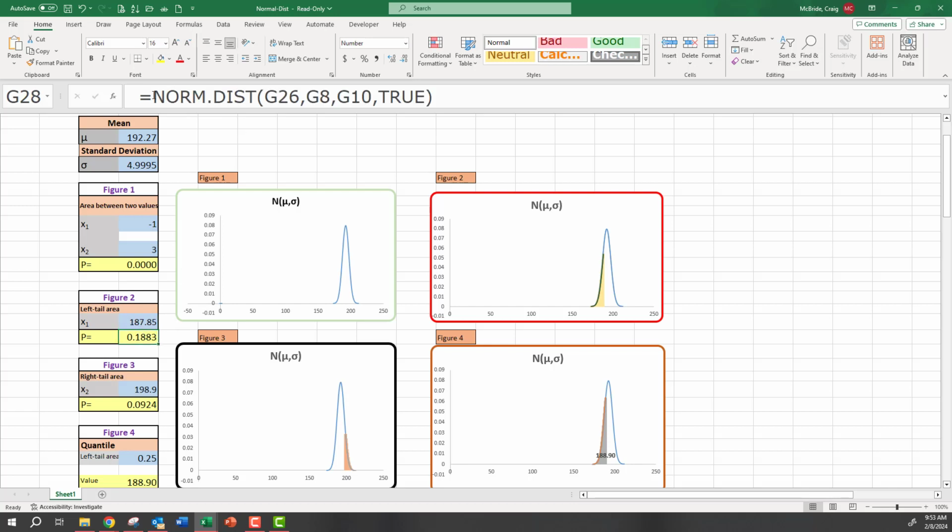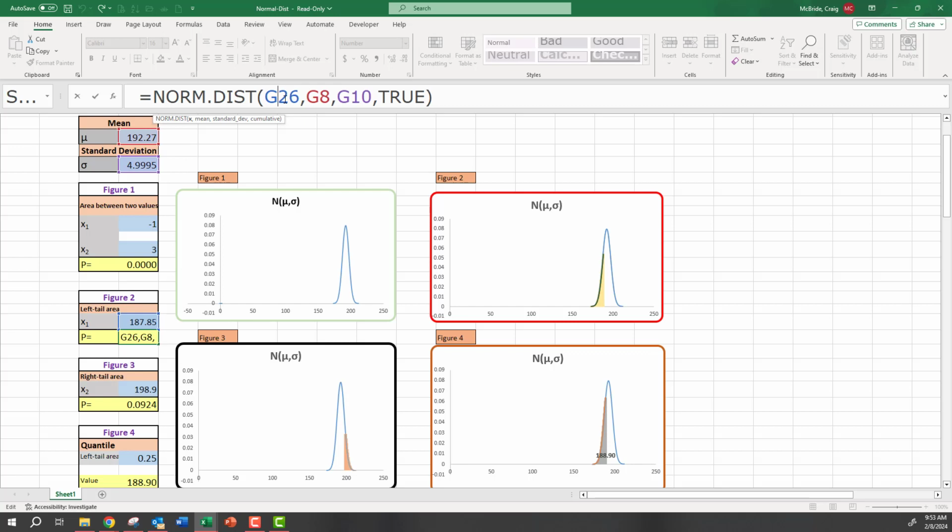All we do is use the standard norm dot distribution function that we have up here. And the norm dot distribution function, first it asks for our G26. What's G26? Well, in mine, G26 is the x value. So first it asks for the x value.